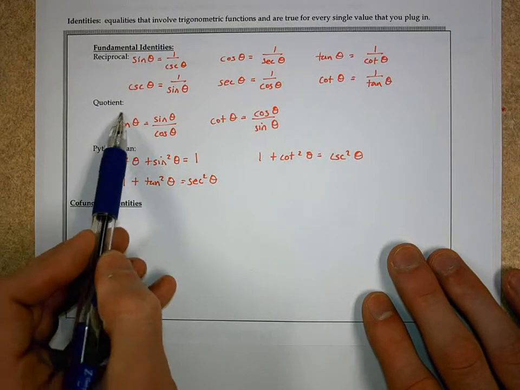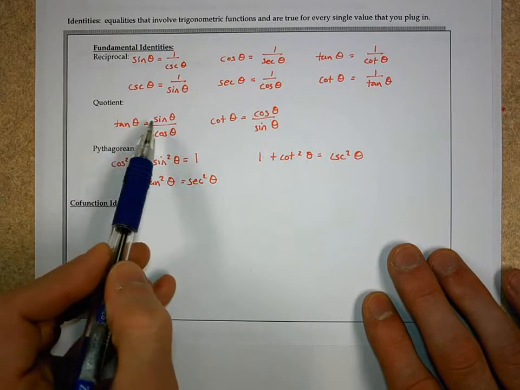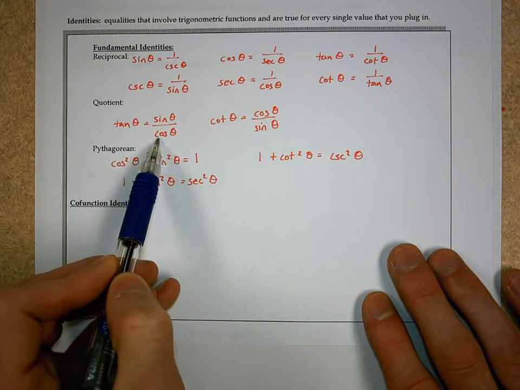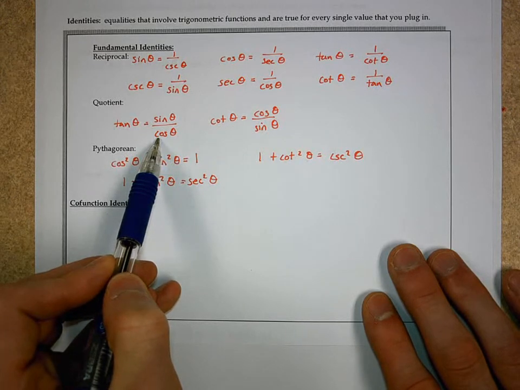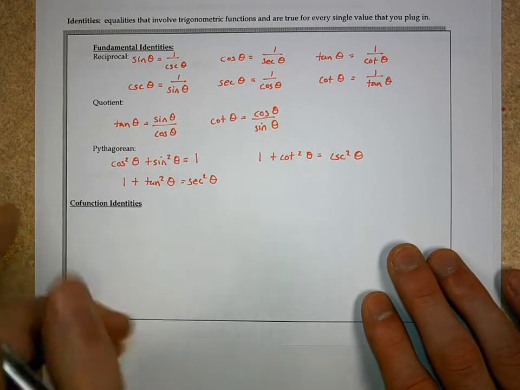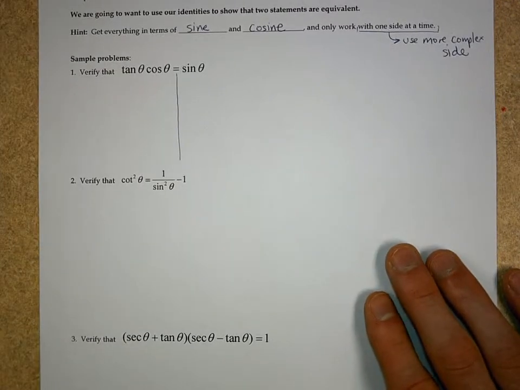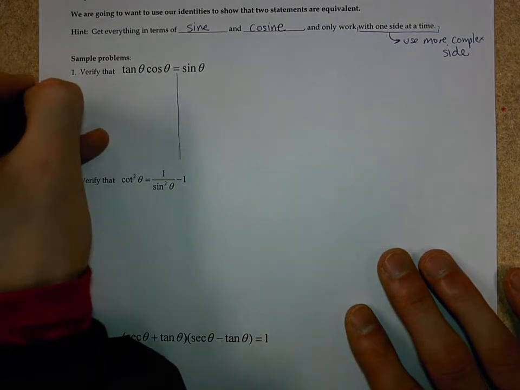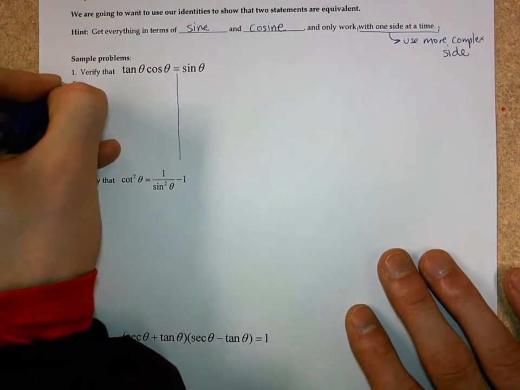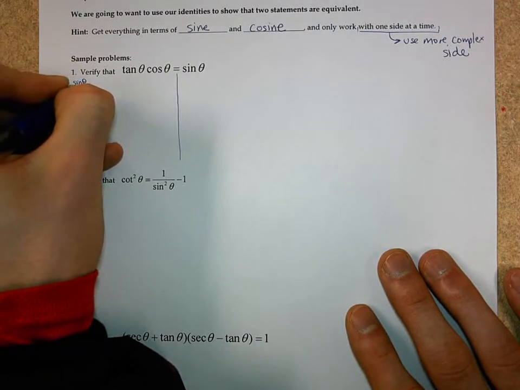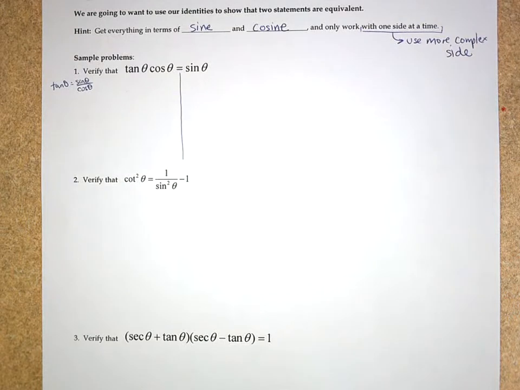Right down here, I see another tangent of theta, which is sine of theta over cosine of theta. Since I want to get everything in terms of sine and cosine, this is the quantity I want to use. Tangent of theta is the same thing as the sine of theta over the cosine of theta.